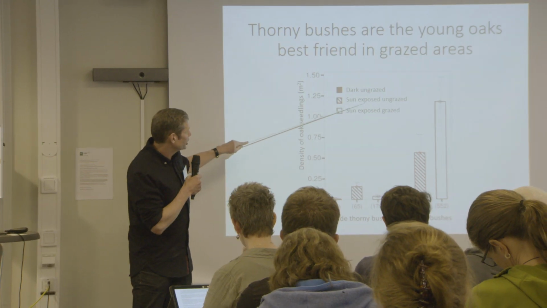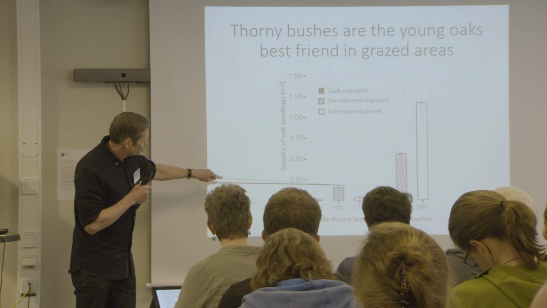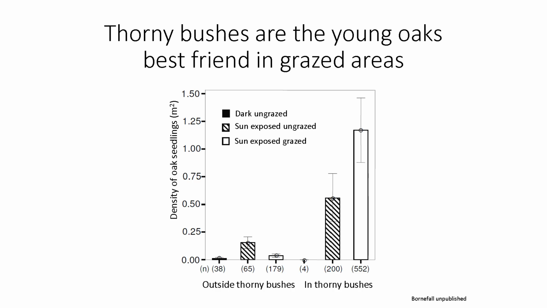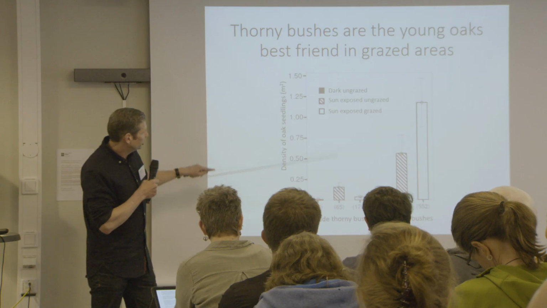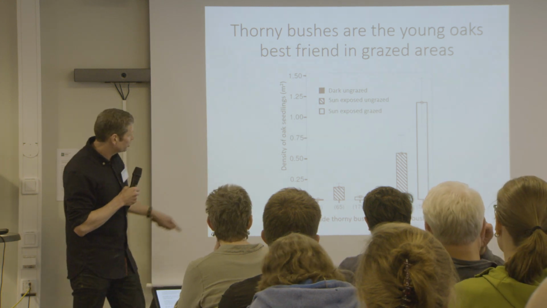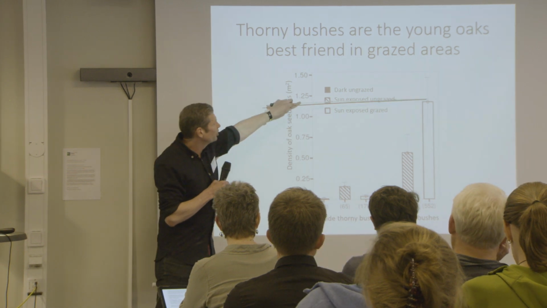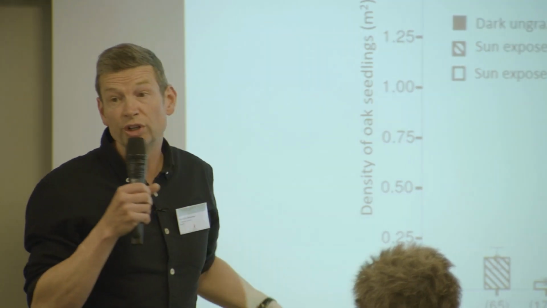If we have a sun-exposed, ungrazed area, outside thorny bushes, we have some oak seedlings. In thorny bushes, much better. But the largest effect we have on sun-exposed grazed areas. Very few outside thorny bushes, but a very good regeneration inside thorny bushes. So these are really key to the future of old oaks.